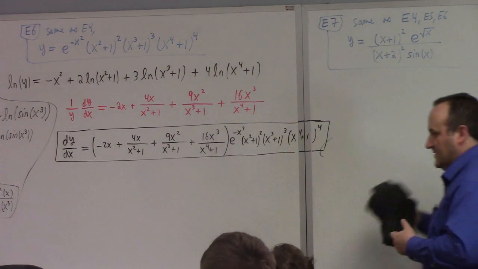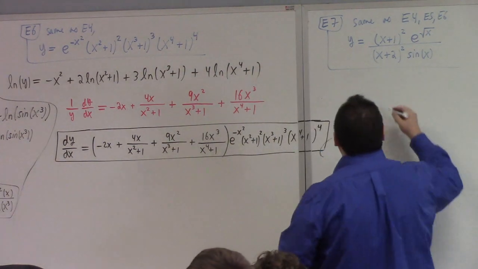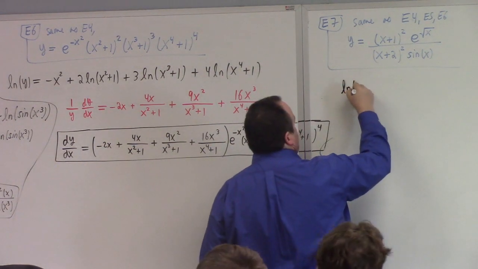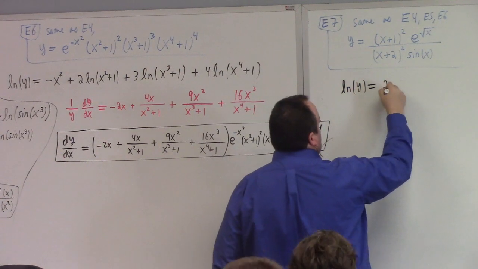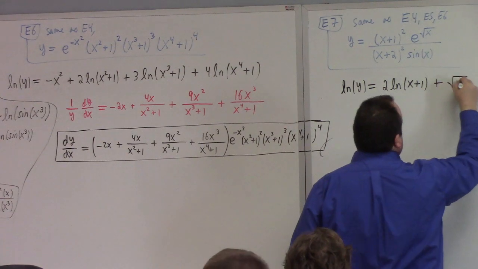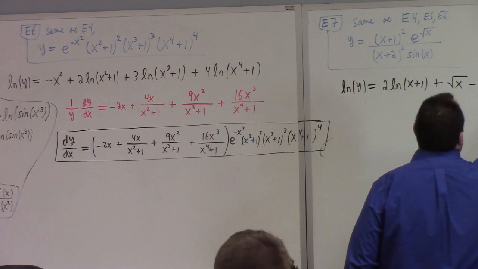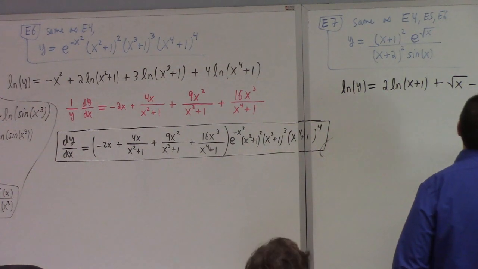Now let's see if I do exactly what you did. We take the natural log of both sides of the expression: natural log of y is 2 natural log of x plus 1, plus the square root of x minus 2 times the natural log of x plus 2, minus the natural log of the sine of x.